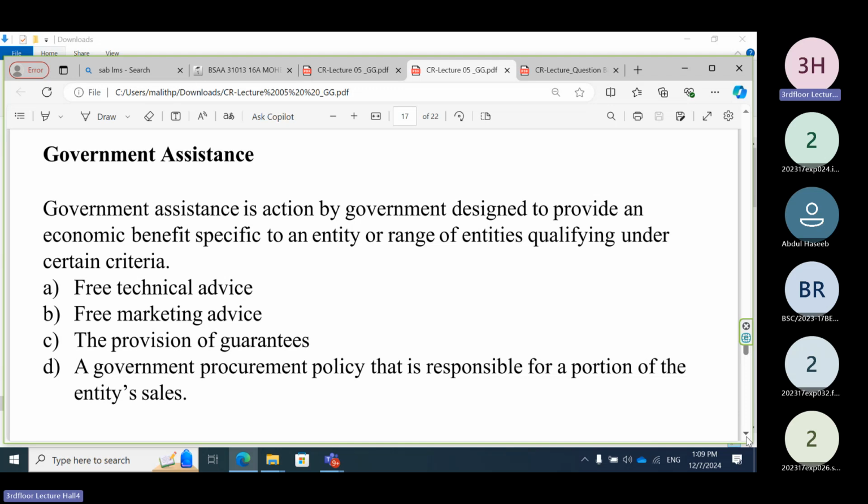So then, to get this government assistance, we have some criteria to fulfill. Keep in mind, to get this assistance, we need to fulfill some things. There will be some criteria to be eligible for this government assistance scheme, right? So these are the examples of government assistance. If you have a type of government assistance, what you have to do is disclose that. You are not going to pass any double entries, right?